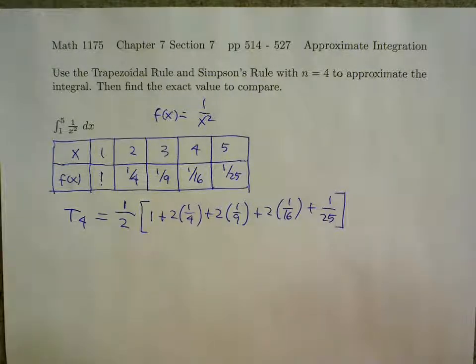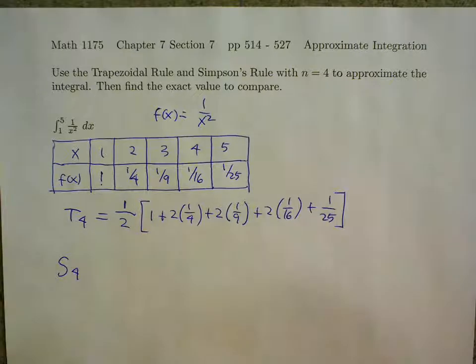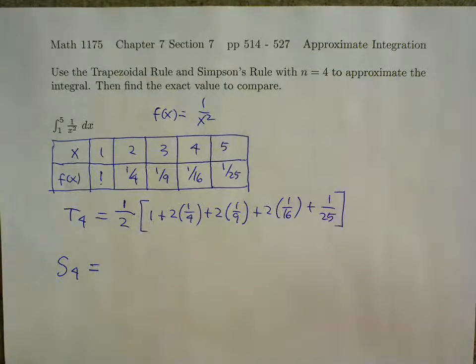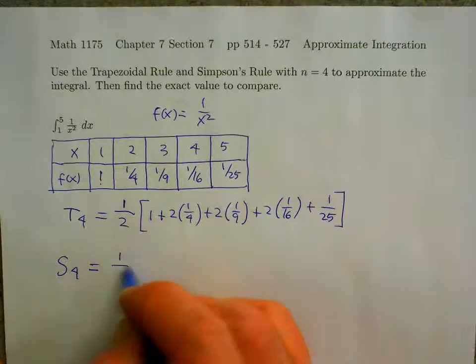Let's write down Simpson's rule for S sub 4. So Simpson's rule, delta x over 3. So delta x is still 1, so 1 divided by 3.